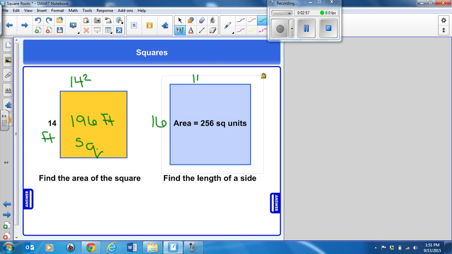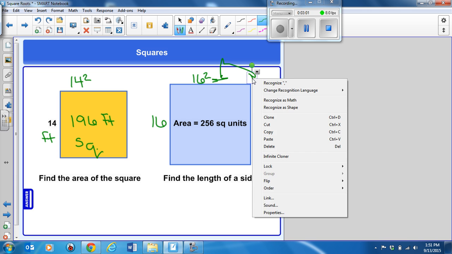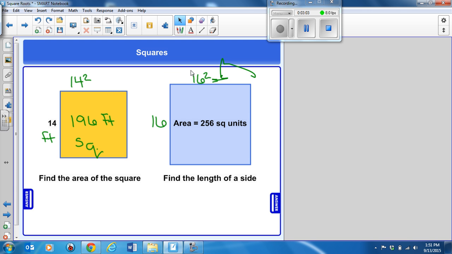So 16 squared equals 256. So the length of one side is 16.